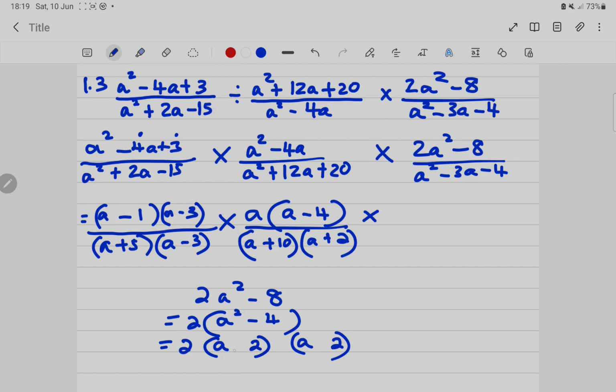But because it's a negative 4, one 2 is going to be positive and the other 2 is going to be negative. So the factors for 2a squared minus 8 can be written as 2 into 2 brackets, a plus 2 and a minus 2, all over.